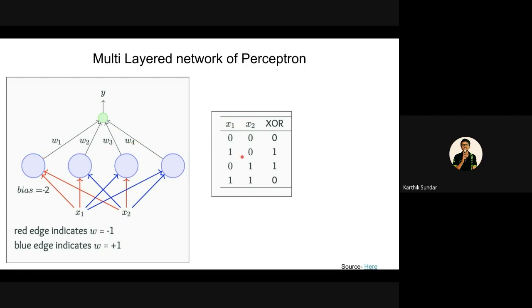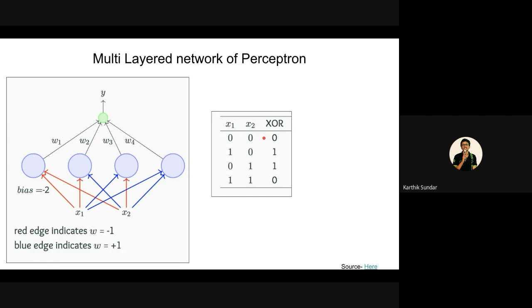And take 1 comma 0. 1 comma 0 is going to give you 1 into -1 plus 0 into +1, which is again -1, and -1 is again greater than the bias. So it is hand coded in such a way that a single perceptron will fire only for one of the inputs.